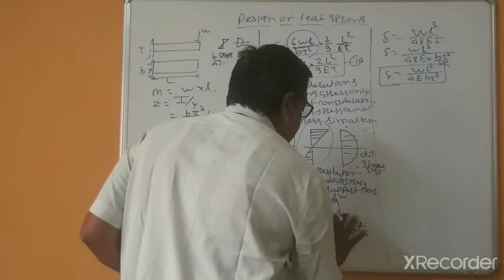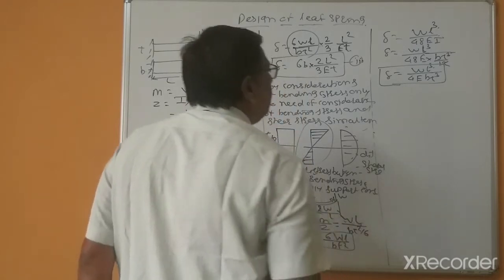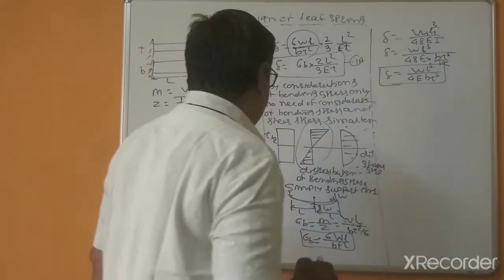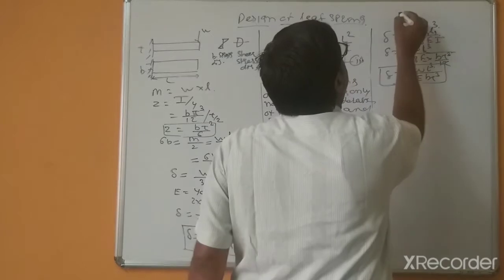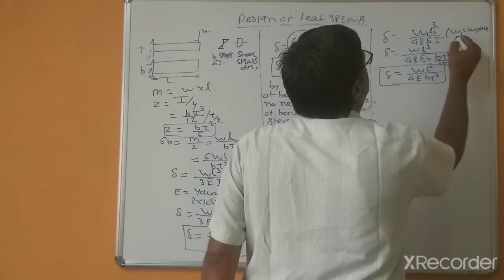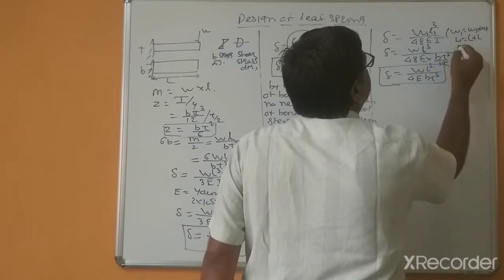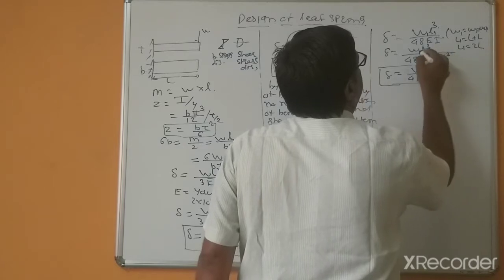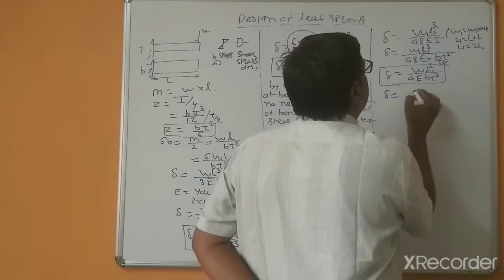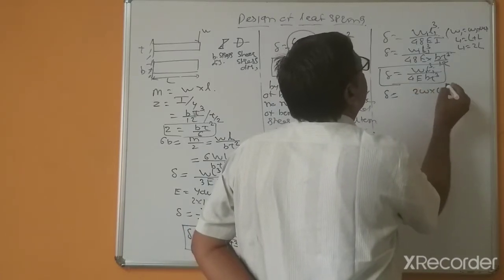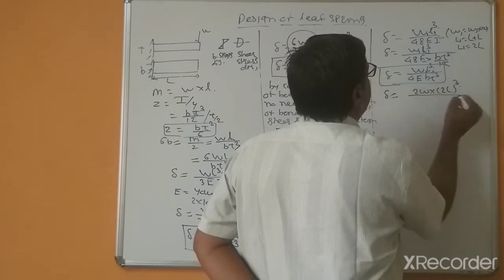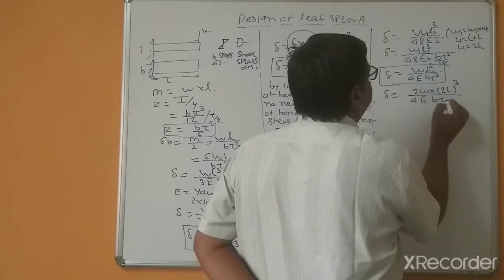Sorry, this is correct, WL, but this is W1 and this is L1 cube, because this W1 is equal to W1 plus W2, and L1 equal to L plus L, L1 equal to 2L. So that's why this equation becomes now 2W into 2L cube divided by 4E BT cube.